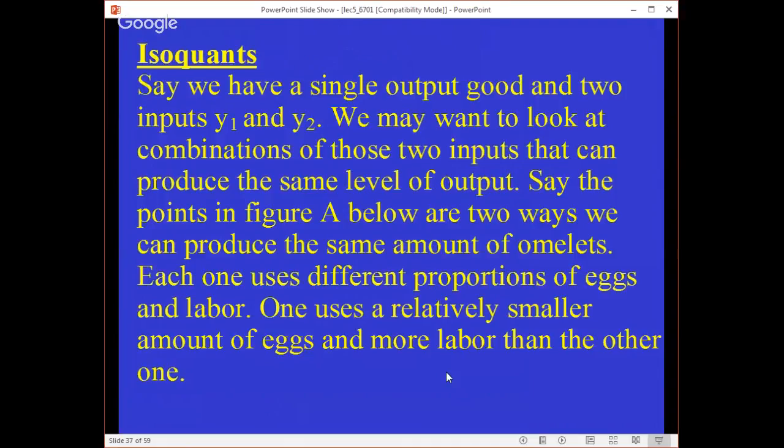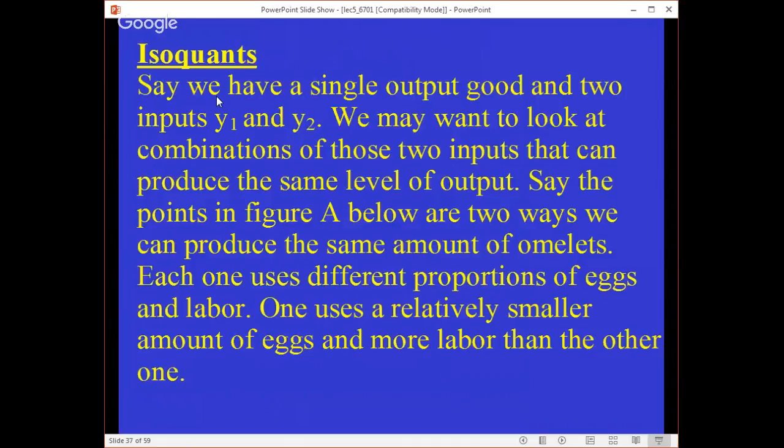And then basically I cut a piece of the mountain off at a certain elevation, and that gives me a certain level of production with different levels of inputs, just like my indifference curve did for utility theory. So I got the same utility along the indifference curve. Now we're going to talk about something known as an isoquant that mechanically is the same thing as an indifference curve.